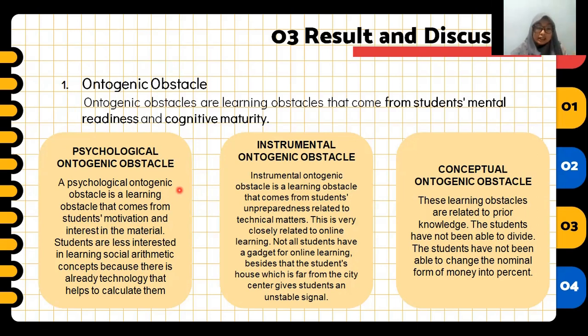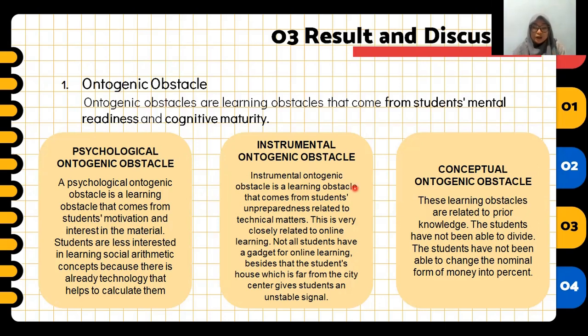Based on our interviews, students are less interested in learning social arithmetic because there is already technology that helps to calculate them. So the students feel it's not very important to study this subject. The second type of ontogenic obstacle is instrumental ontogenic obstacle.